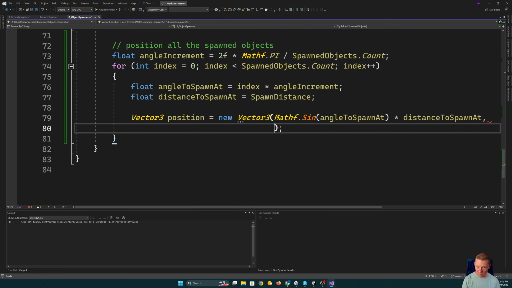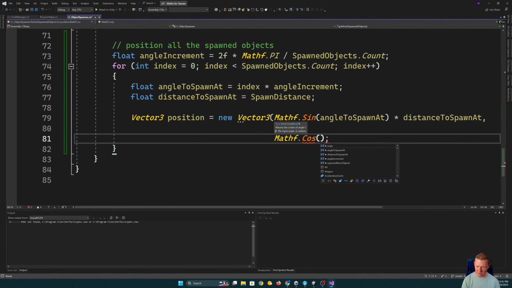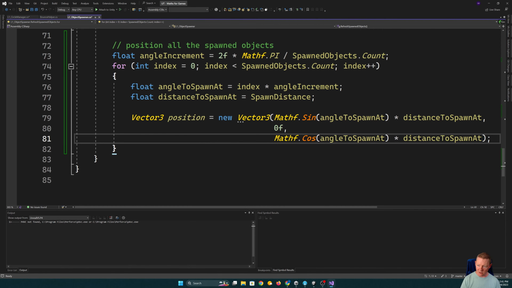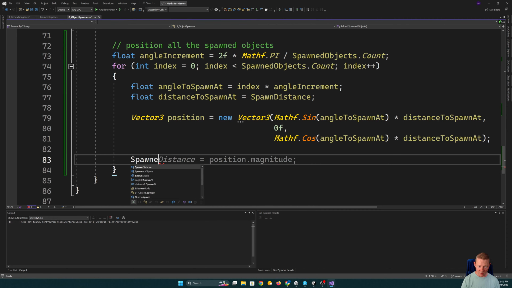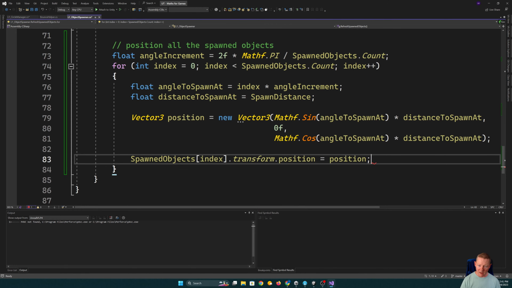Then, because we're not moving them up in the air, we have that at 0. And then we have Mathf.Cos of angle to spawn at multiplied by the distance. That's good, we've worked out where this should be positioned. So we can go spawned objects, and that transform, but rather than position, local position. We've set the position there for it.